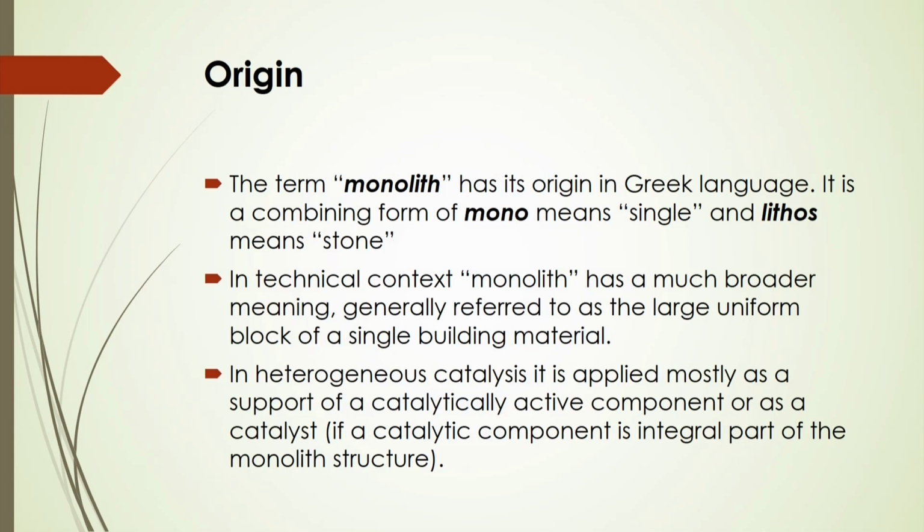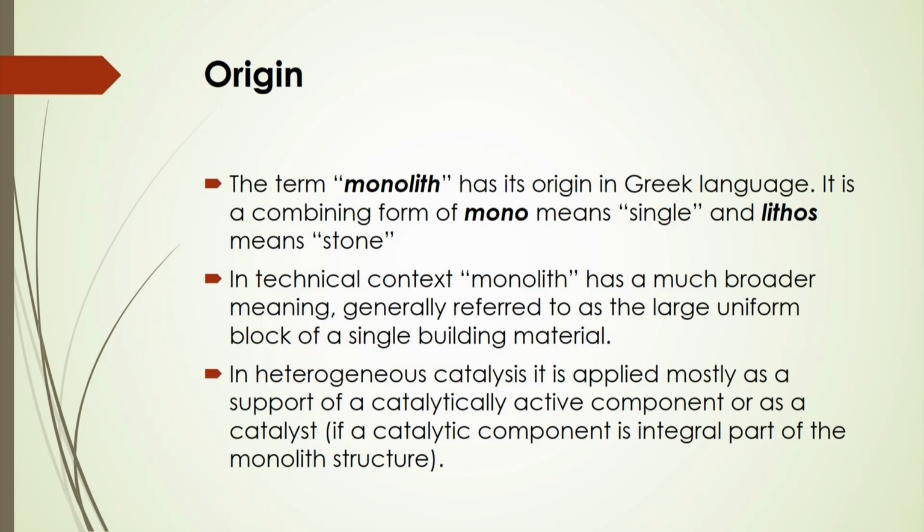Now, where did this term monolith come from? The term monolith has its origin in the Greek language. It is a combining form of mono, meaning single, and lithos, meaning stone. So, monolith means a single stone. In a technical context, monolith has a much broader meaning; generally it may be referred to as a large uniform block of a single building material.